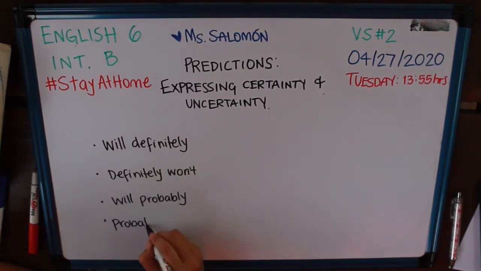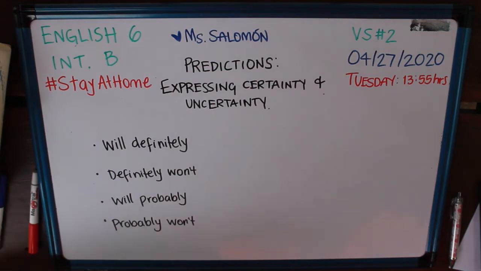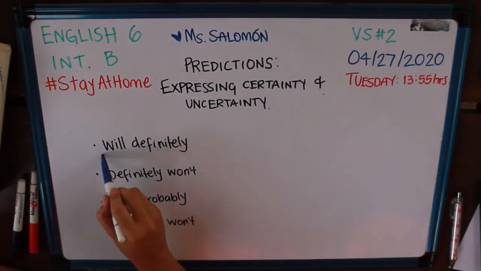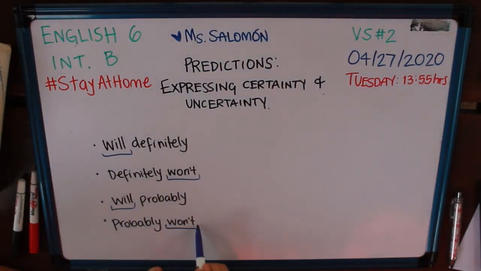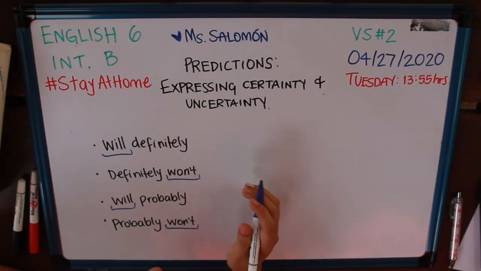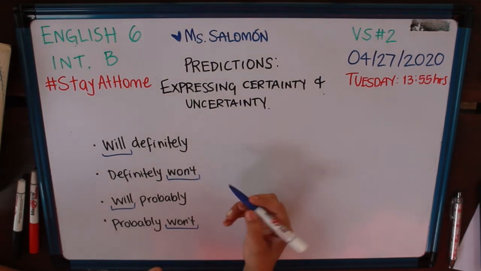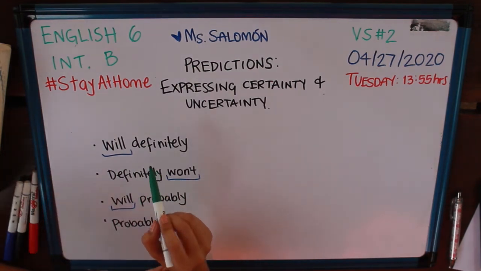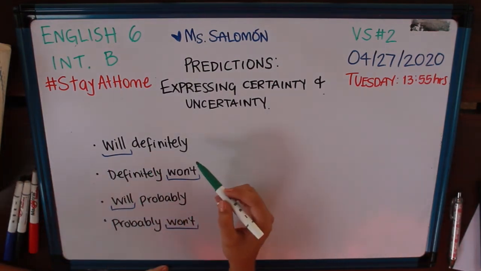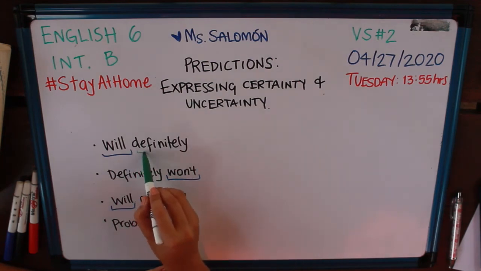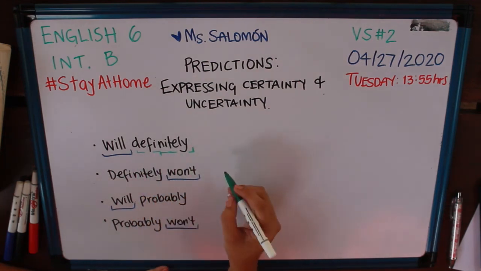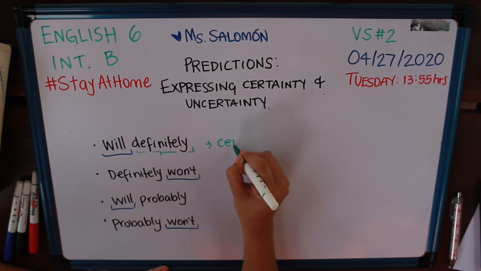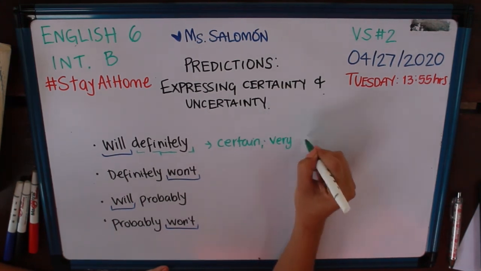Now notice how here I have these modal verbs right here. And remember how I told you that by themselves they express that we're sure about something. Now, when we add an adverb, we're modifying the degree of certainty or uncertainty. In this first case right here, if we use the adverb definitely, what we're saying is that we're certain or very sure.